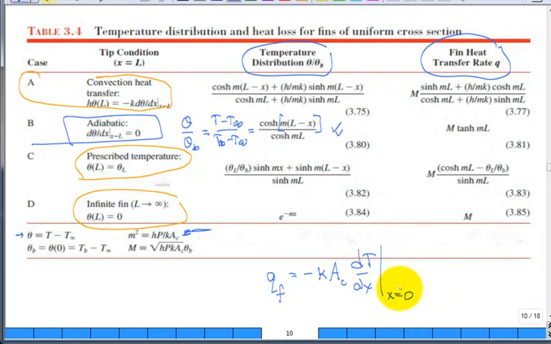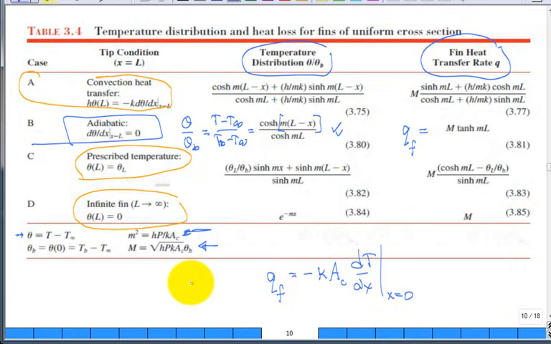It's how much conducted gets into the fin. It's eventually going to be convected off. If you take that analytic solution for the temperature profile, stick it in there, work the math, you'll get that for this adiabatic case, you get the Q fin equal to capital M, a new parameter defined right here, times the hyperbolic tangent of mL.